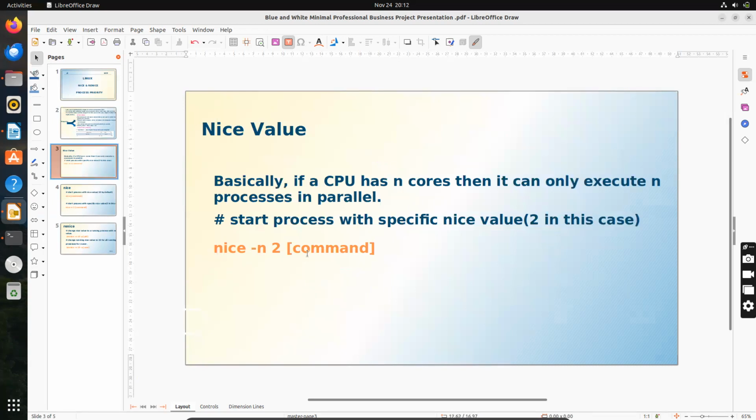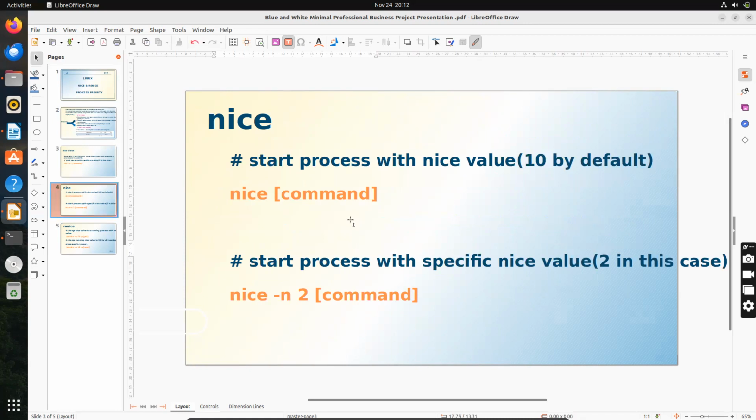This is the syntax for that. Here 2 is the process priority. Whatever command we run here, this is for the nice value. By default we can use the nice command like this, and if we run the command like this, it will take 10 as the default priority.